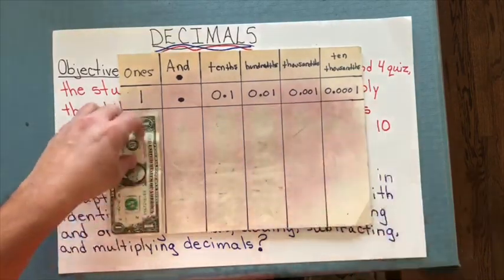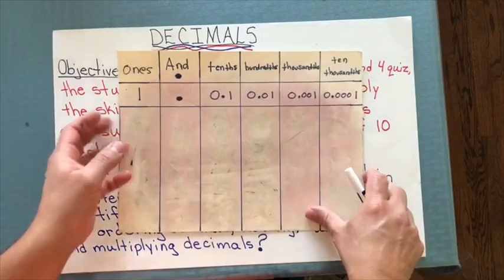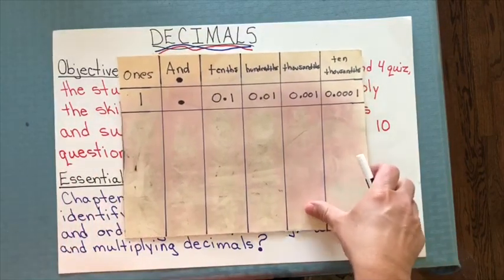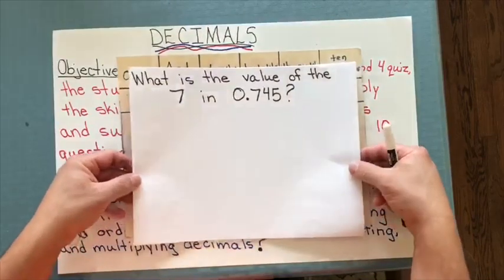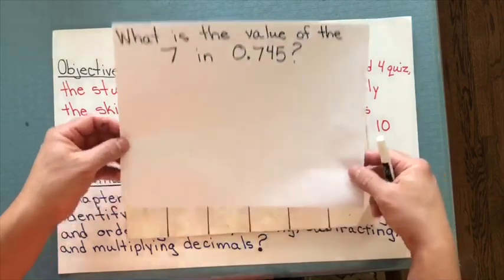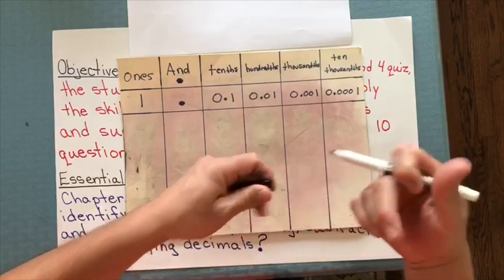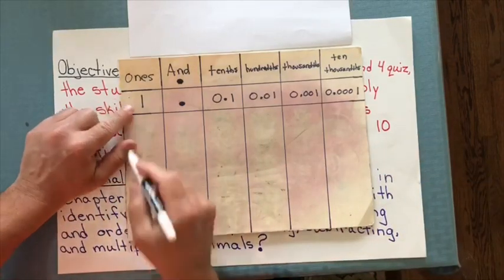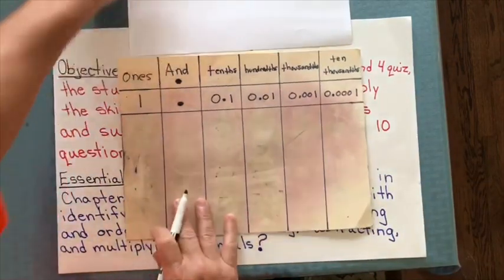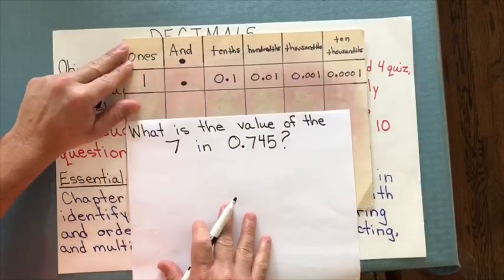Okay? So one possible question that you might receive in regards to this is, what is the value of the 7 in 745 thousandths? So if we look at our decimal place value chart, we're going to use this and we're going to write this number on here.